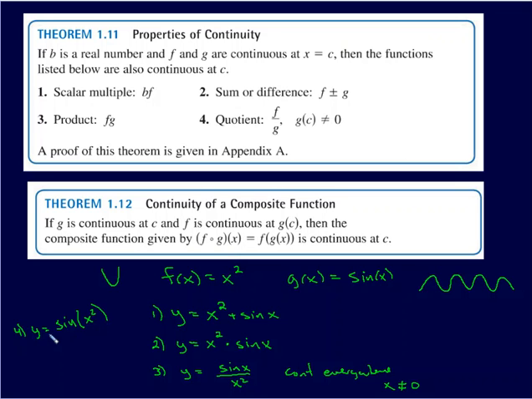What that means is we're going to apply a number and square it, and then after I've squared it, I'm going to take the sine of that new number, and this theorem says this is going to be continuous also, because x squared is continuous at every number, meaning I give any number I want to this inner part, I'm going to get another number out. And I know that the sine function is continuous at any number that might produce. So therefore, this new expression is going to be graphing a continuous function also.